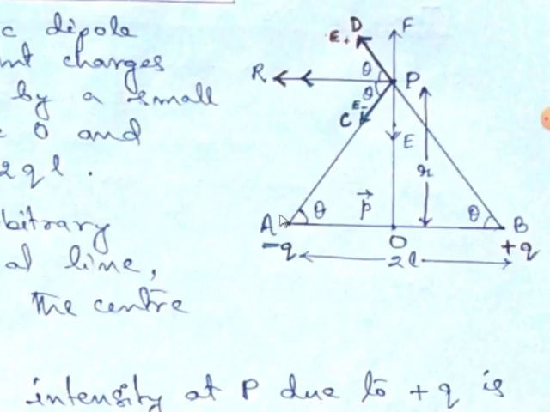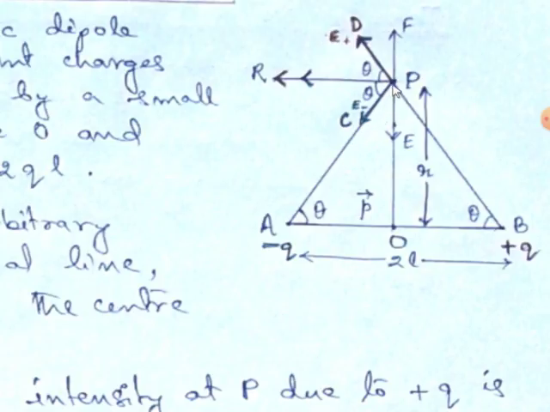Due to this negative charge, the electric field will be pointing toward PA, and due to the positive charge plus q, the electric field at P will be along BP, or you can say PD, because this is a positive charge, so it will act outward. A negative charge acts toward the negative charge.